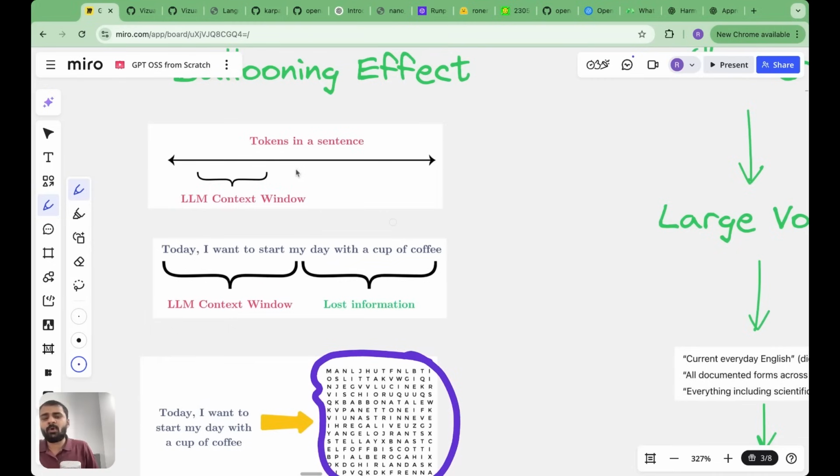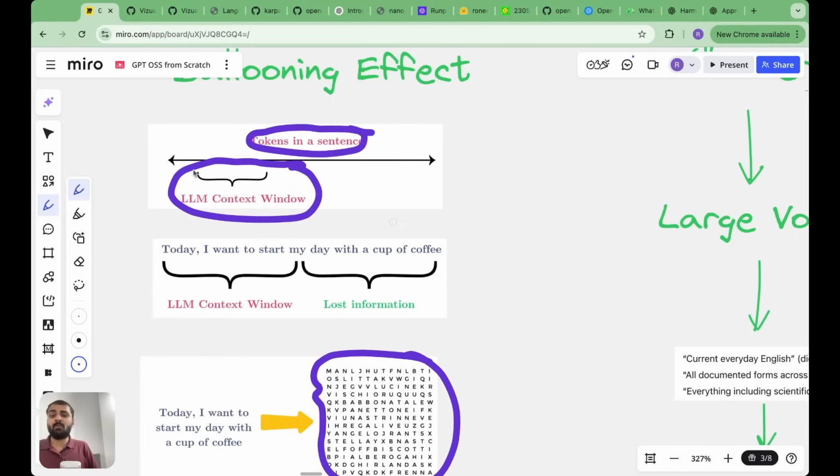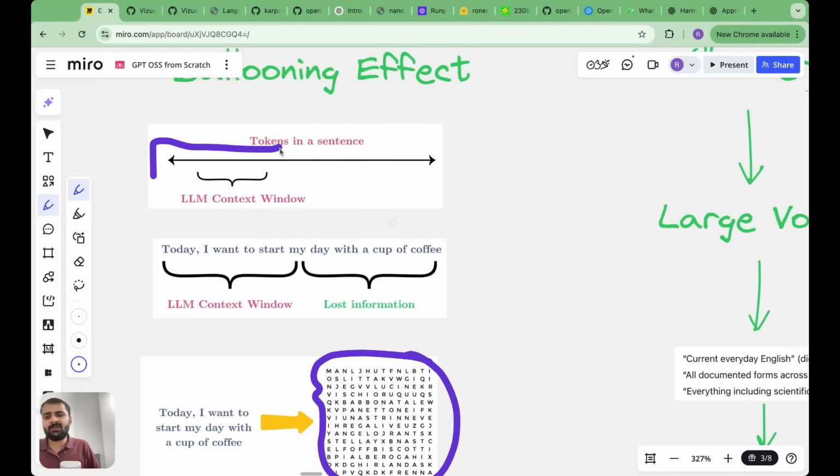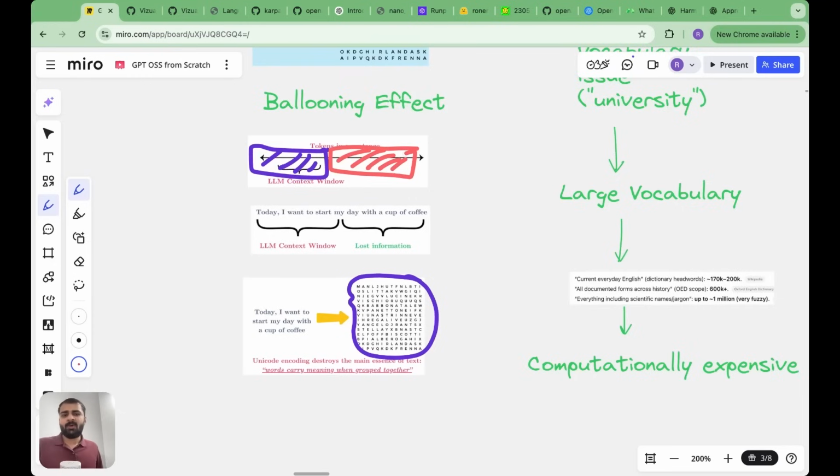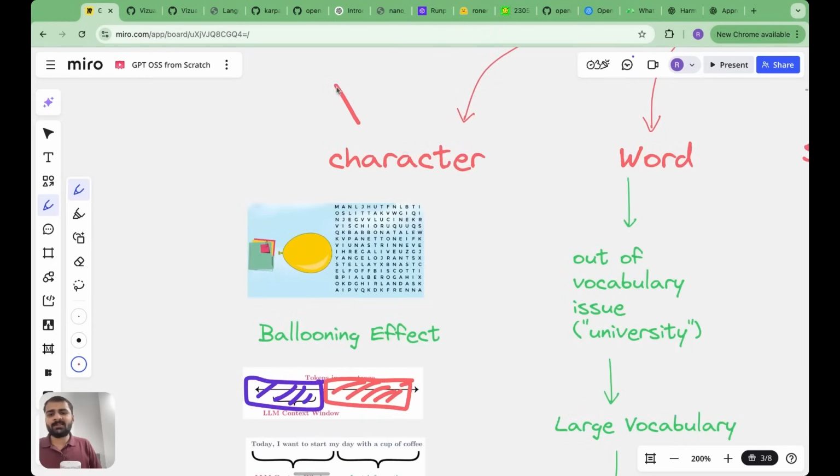The context window is the amount of information the LLM can pay attention to at once. So if the number of tokens in our story become more than the context window, the LLM can only pay attention to this much information. All the information which I am now marking in red is completely lost. So our model predictions will be much worse. That's why people don't use character level tokenization.